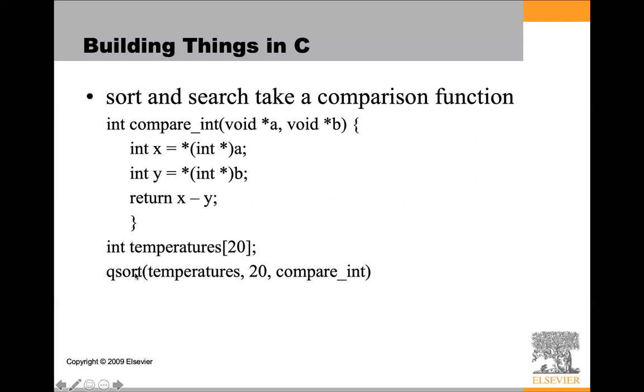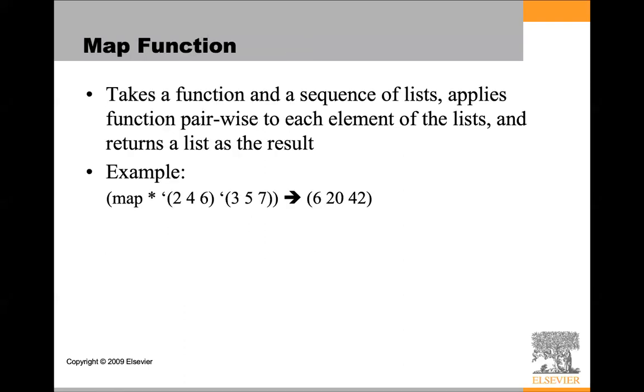And in C, there's this qsort command, and I pass it this function that can be used to compare the elements of temperature. So this is a little bit in the spirit of a higher order function, although not really what we mean when we're talking about higher order functions in Lisp. But I just wanted to show you that you do have some experience with passing functions as arguments to other functions.